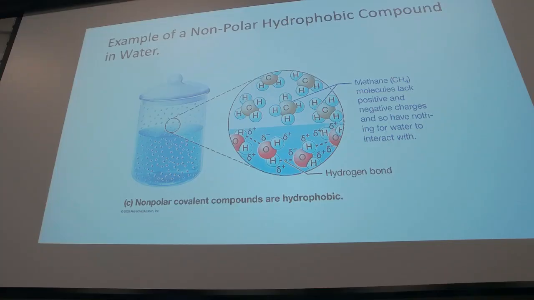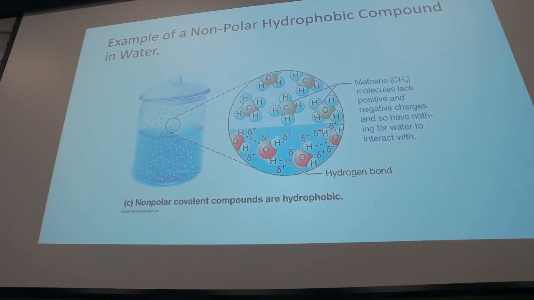In the case of a nonpolar hydrophobic compound in water, you might have a molecule like methane, in which you have a carbon and then 4 hydrogens, CH4. This molecule does not have positive or negative charges. So if you put it in a sealed jar with water, these molecules will remain on top while water will be in the bottom.